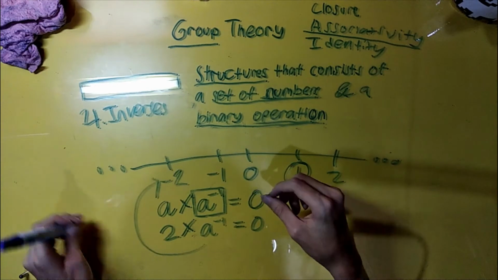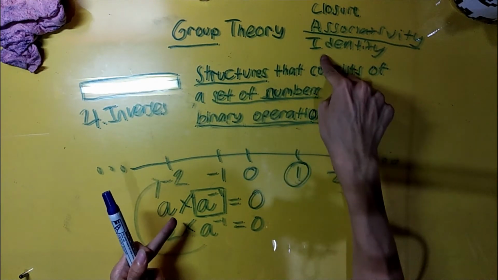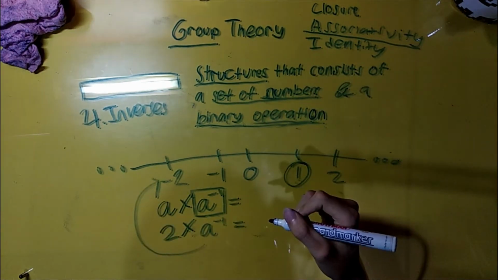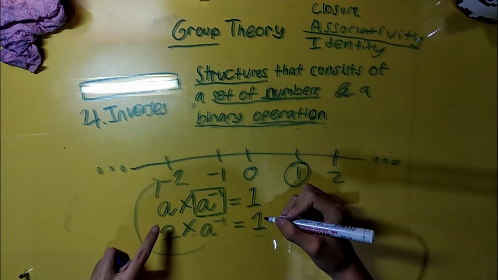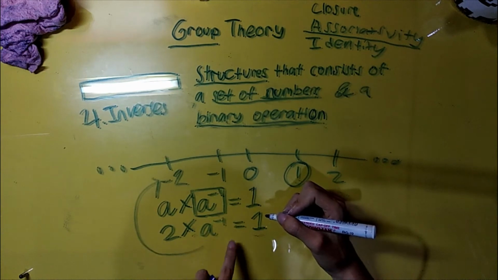Alright, so what is the identity when you multiply things? Remember, it's 1. So let's just write 1 here and write 1 here. Alright, does this number exist? 2 multiplied by some number is equal to 1. Does this number exist?